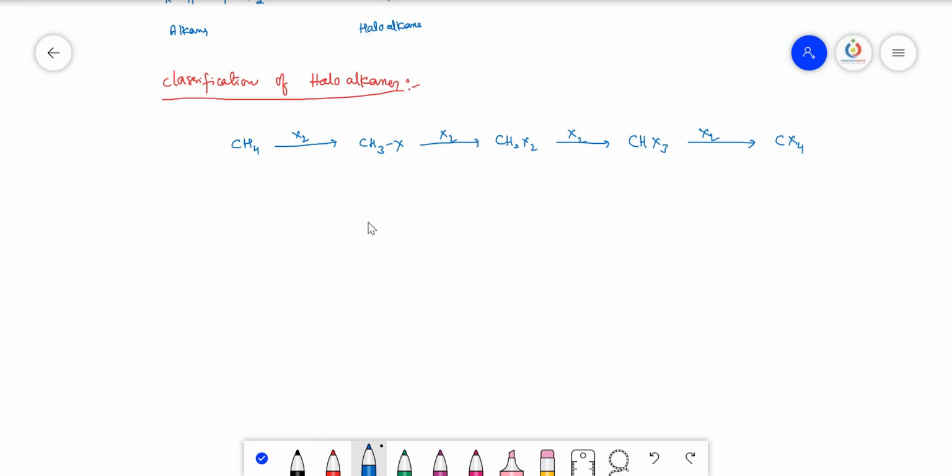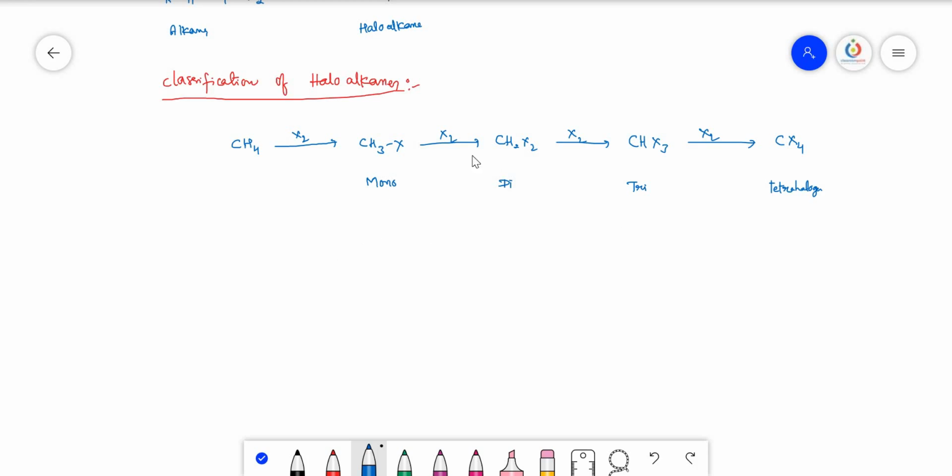Here only one halogen atom is there in this alkane molecule, so it is called the monohalogen derivative, and here two halogen atoms are there, so it is called the dihalogen derivative. Here three halogen atoms are there, hence it is called the trihalogen, and here four halogen atoms are there, so it is called the tetrahalogen derivative.